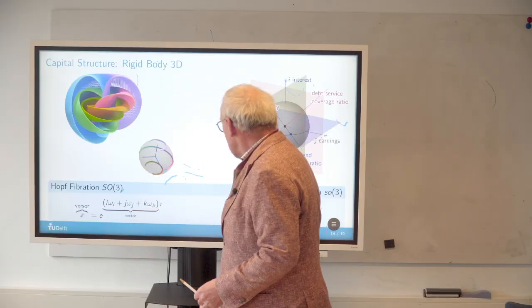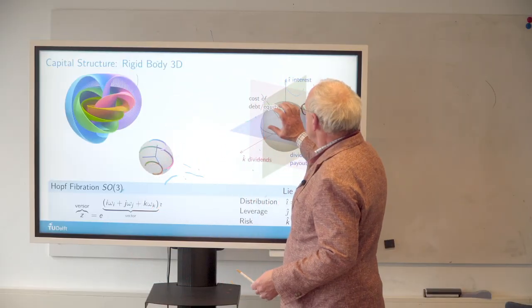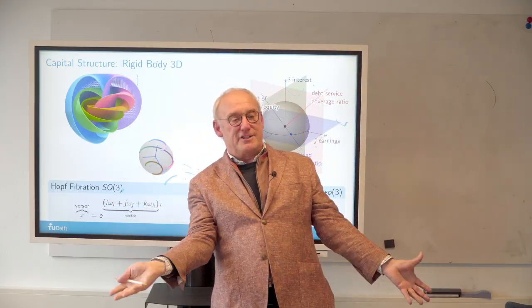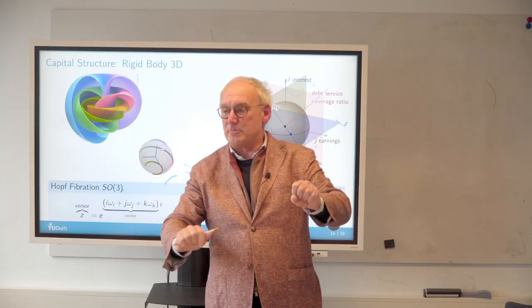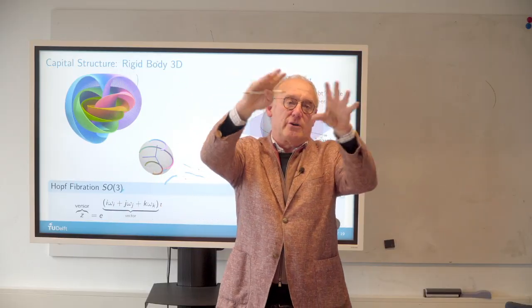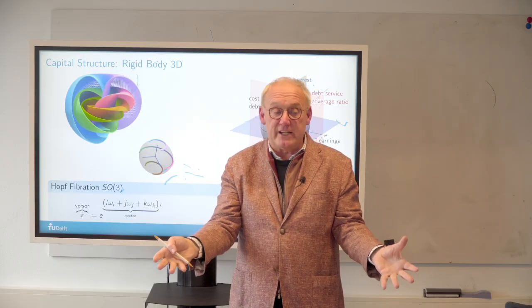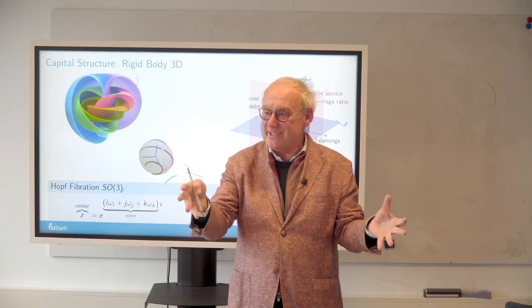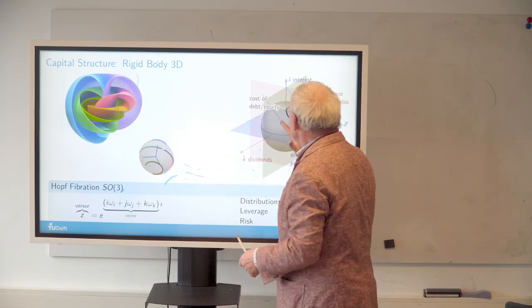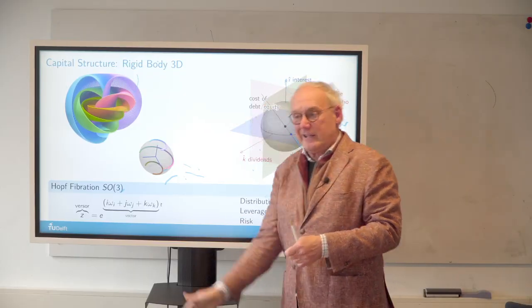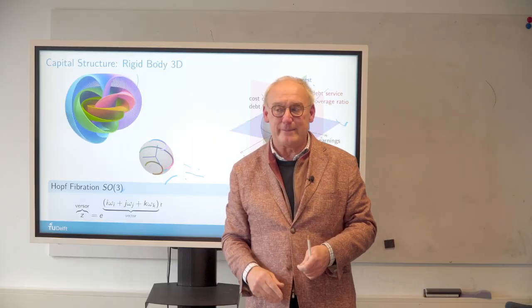So you take this 3-dimensional little cube, and you think of yourself as sitting in a 4-dimensional space, and you take a 3-dimensional sphere that's embedded in 4-dimensional space, and then you just take a direction in which you have your cost of equity, your debt service debt, and then you integrate it out. You see where you end up.